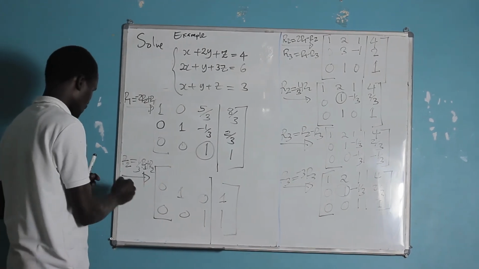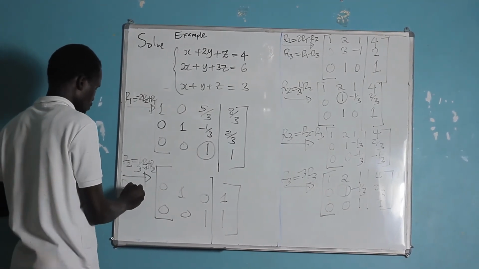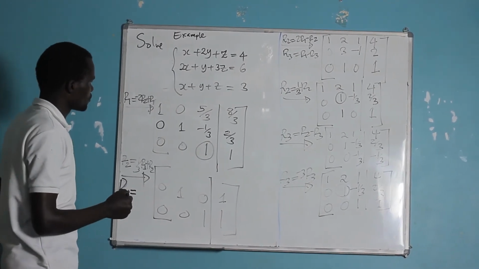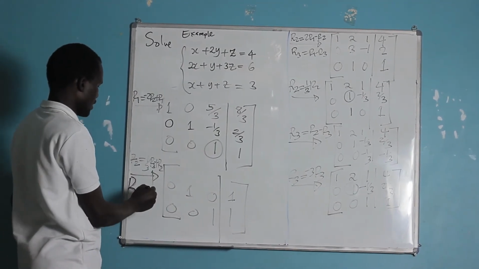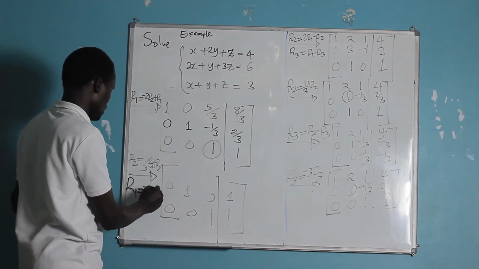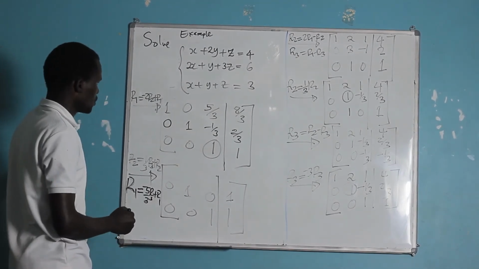Again, for the first row, which is R1, we want to eliminate this one here. So it's just taking negative 5 over 3 times R3 plus R1.